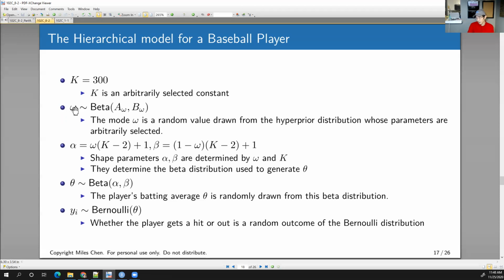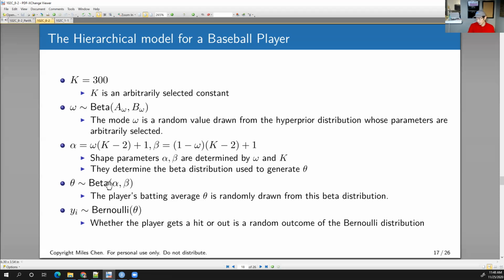Omega is a random value drawn from this distribution. Once we get omega, alpha is determined by K and the random value of omega. Alpha is omega times K minus 2 plus 1. Beta is 1 minus omega times K minus 2 plus 1, okay? And these terms, alpha and beta, are determined randomly by the choice of omega.